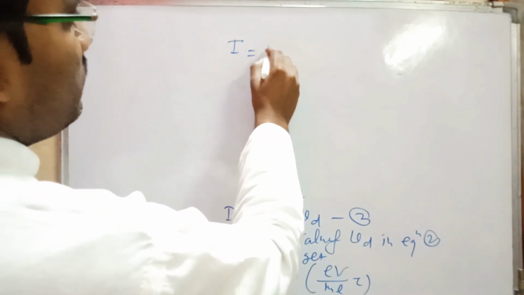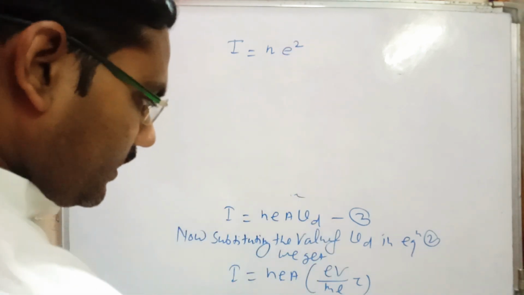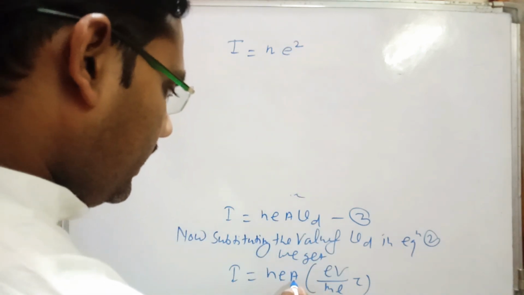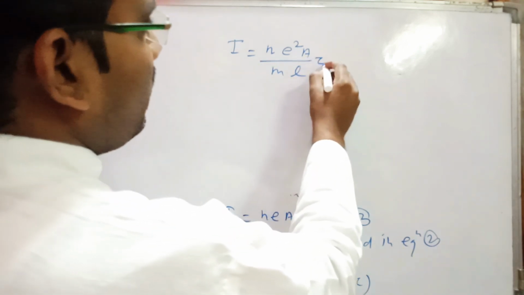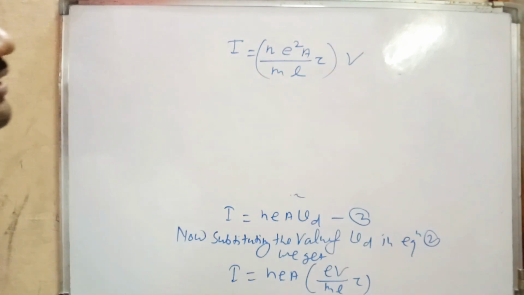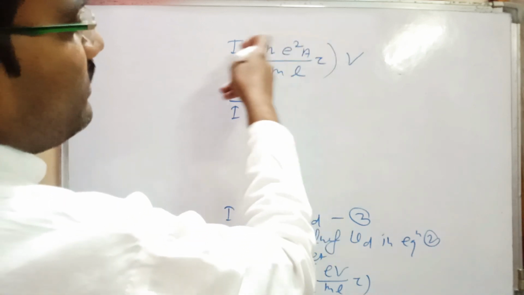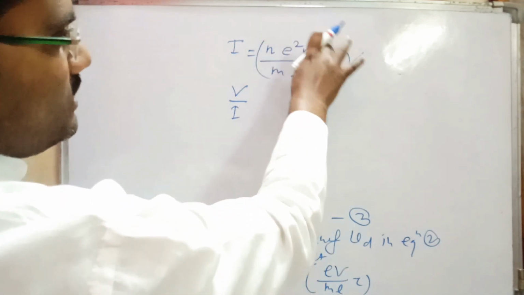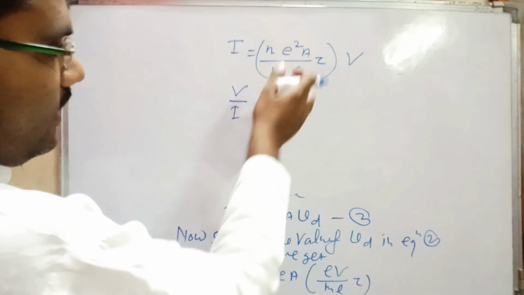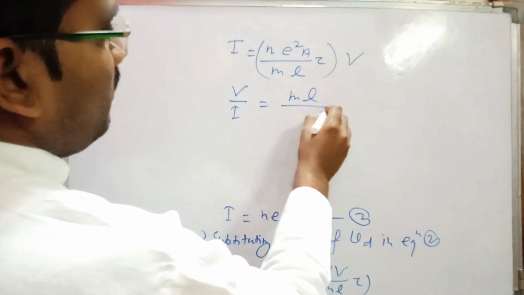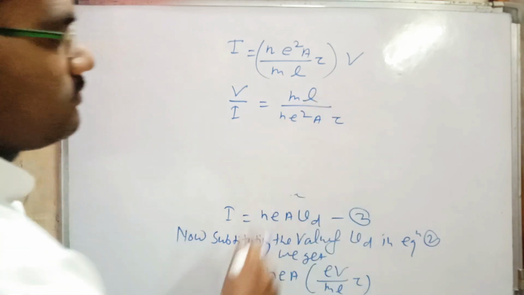Here I is equal to n, here e and here e, that means e square, and here A, over mL, tau, into V. Now here we take V by I, that means I is transferred to the right side, and this quantity inside the bracket is transferred to the left side. We get V by I is equal to mL by n e square A tau.